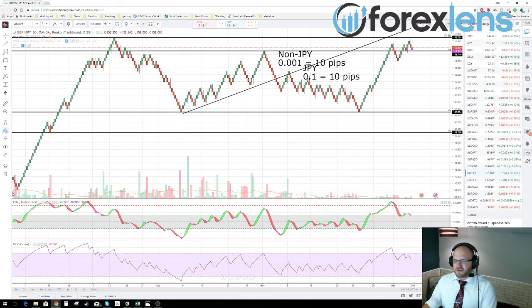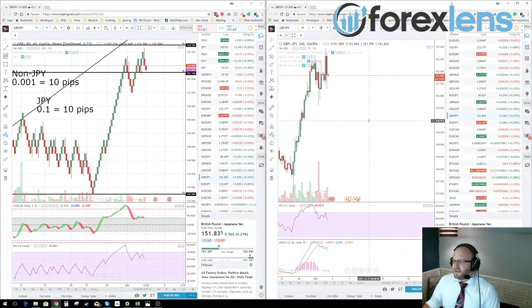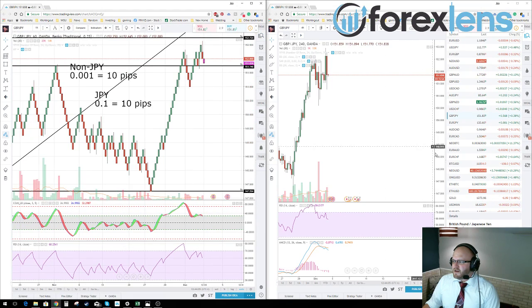This is what a Renko chart looks like compared to, let's see, this is the 9/8 of 17.